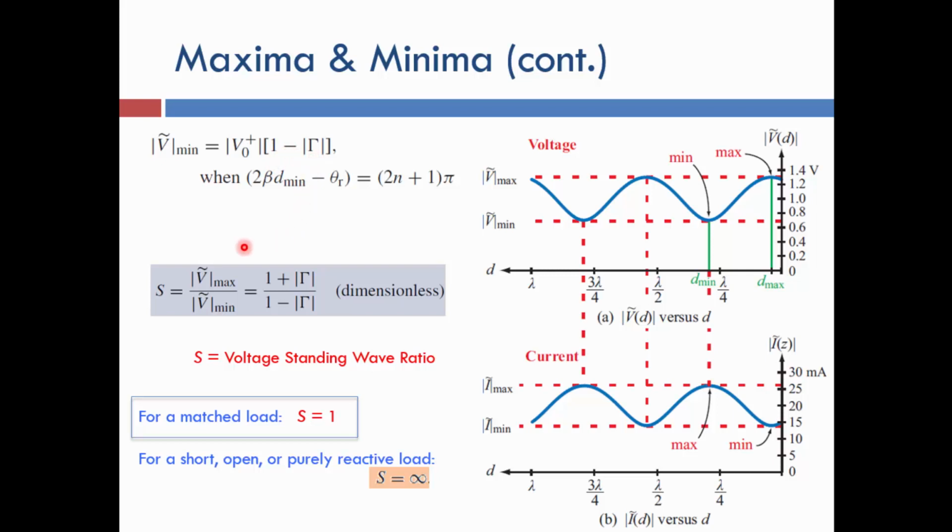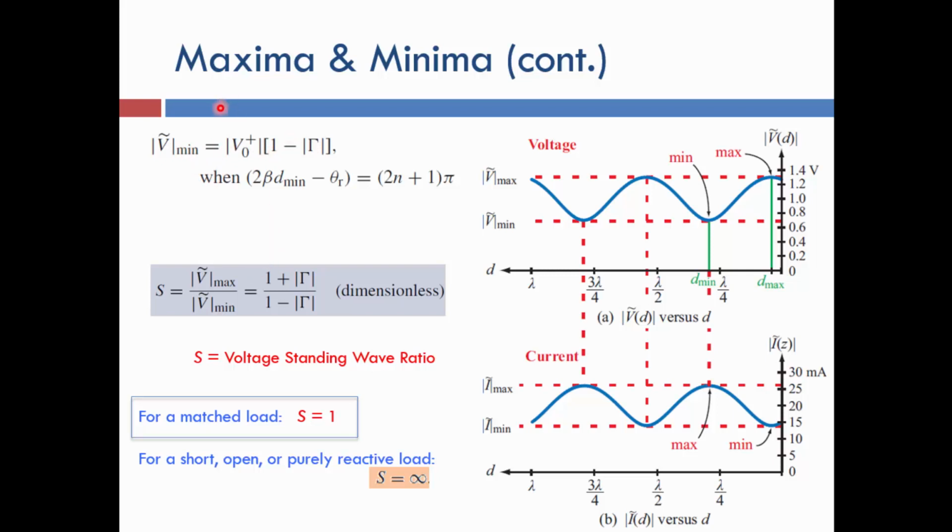So the standing wave ratio is the ratio between the maximum magnitude and the minimum magnitude. The minimum here, as we said, is the voltage magnitude multiplied by 1 minus the magnitude of the reflection coefficient, and for the maximum we have plus.